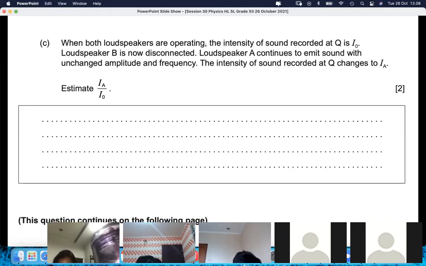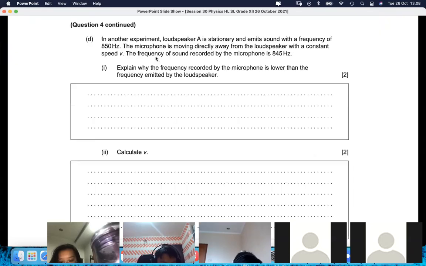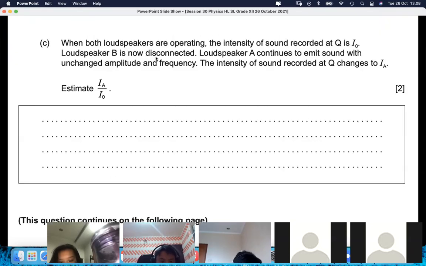Okay then. Now, when both loudspeakers are operating, the intensity of sound recorded at Q is I0. Usually anything related to I0 is the original. Now one loudspeaker is disconnected, so only one is operating. Loudspeaker A continues to emit sound with unchanged amplitude and frequency.